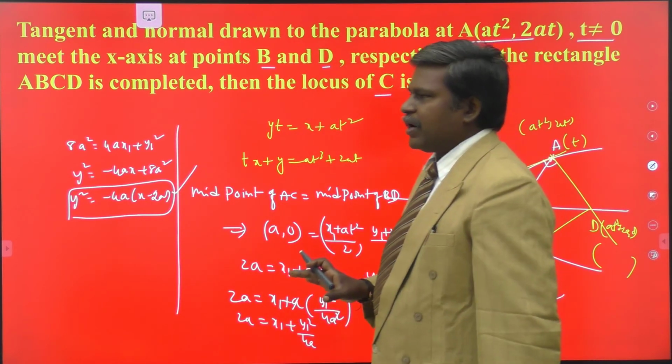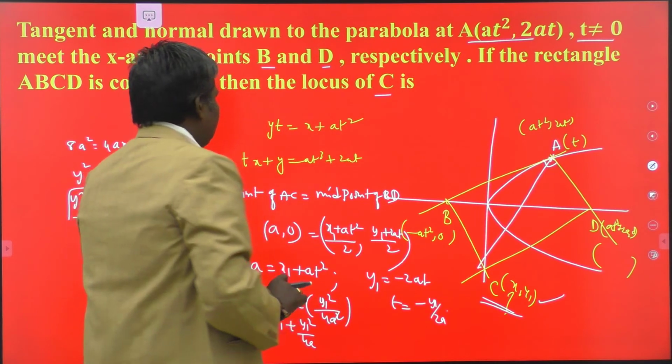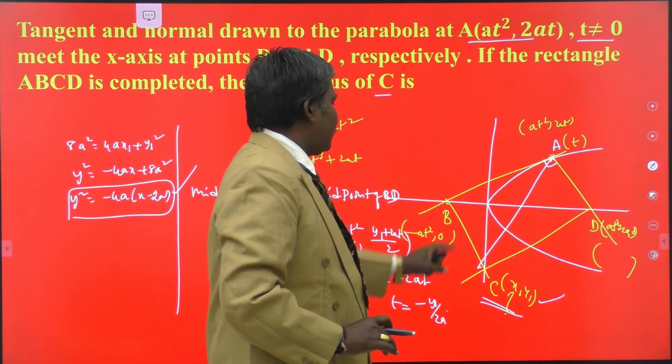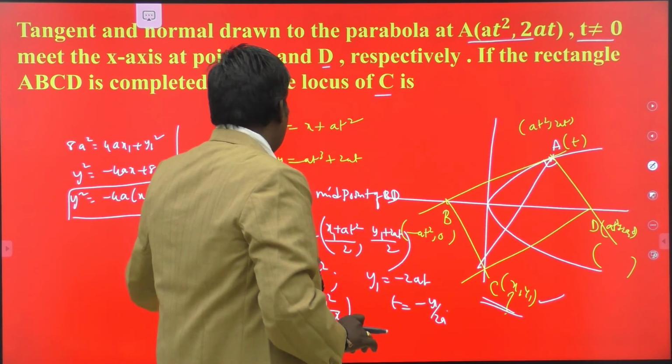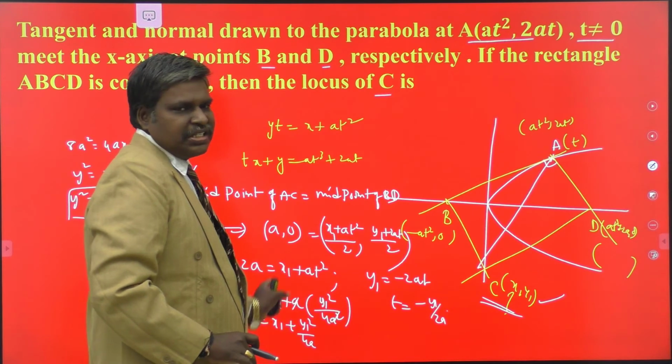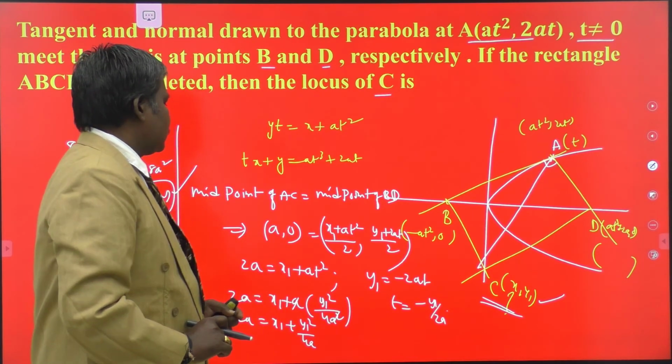By equating the midpoints of the diagonals, we obtain the locus. So write the BD coordinates first and use the midpoint concept. You can easily crack this one. By eliminating t from these two equations, we obtain the required locus. Understand?